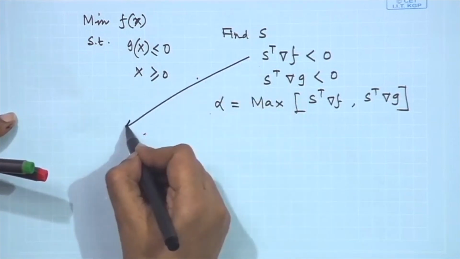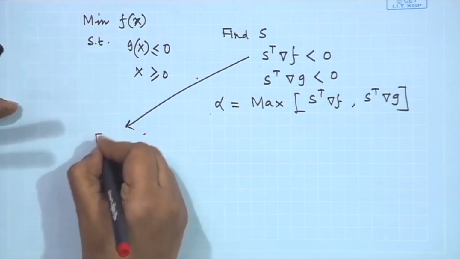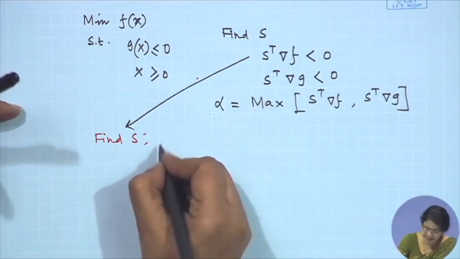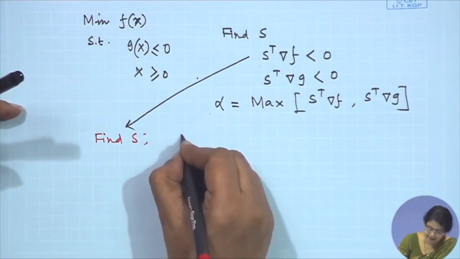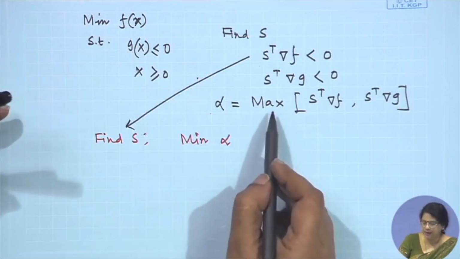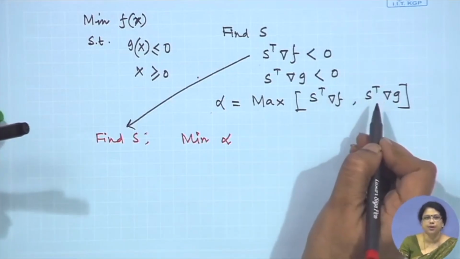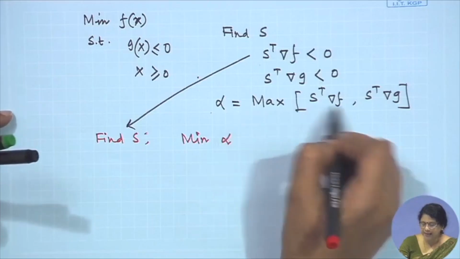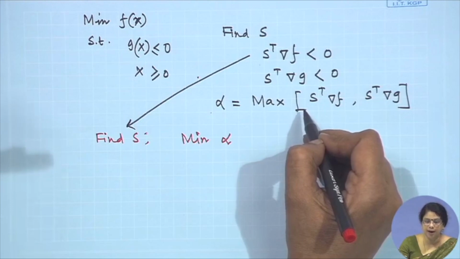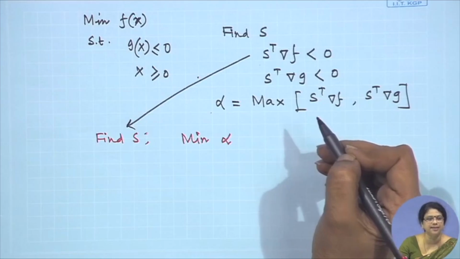From here we can say, find S such that minimization of alpha. Why are we minimizing alpha? You see, these are all negative values. We are getting alpha as a maximum negative value, but we want to reduce alpha so that it becomes non-positive, that is negative, that is our target.